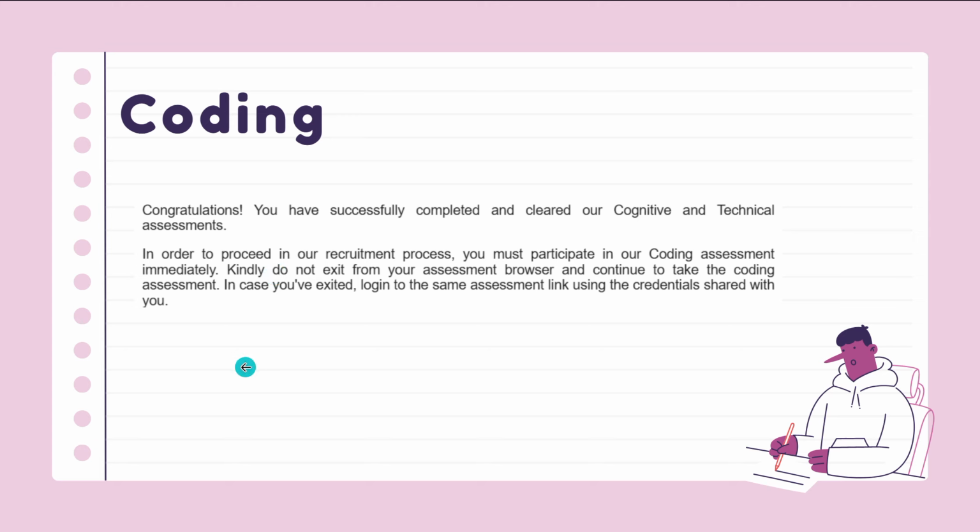Kindly do not exit from your assessment browser and continue to take the coding assessment. This is the way you will get the mail, because I also got the mail, so I am telling you. Don't exit from your assessment browser. Keep in mind the instructions.